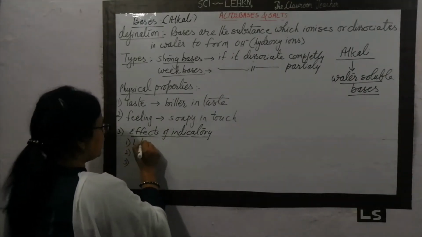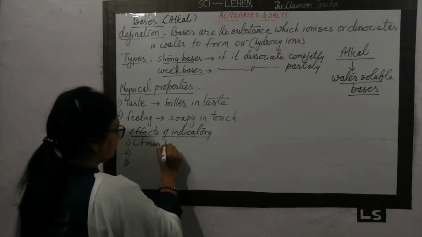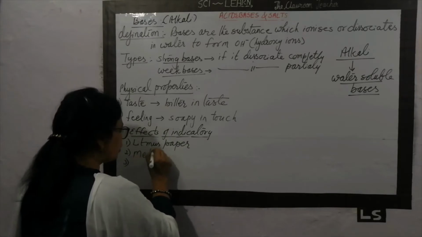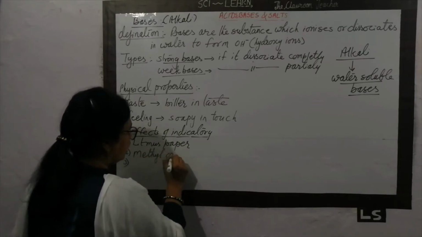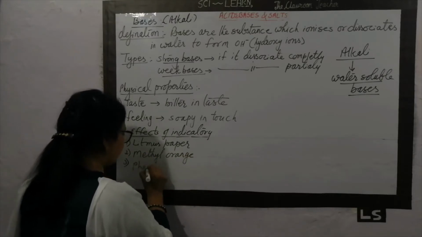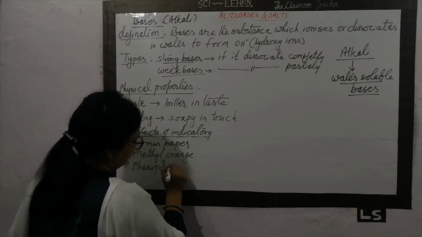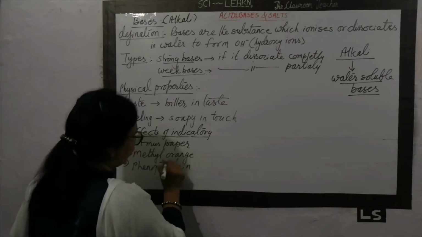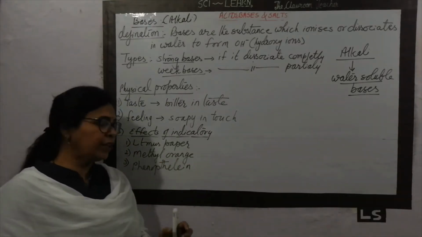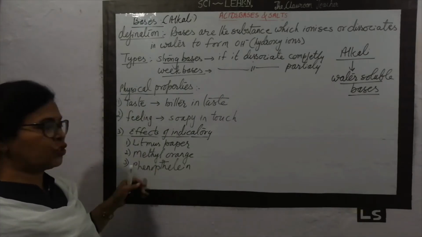First is litmus paper. Second is methyl orange. And third is phenolphthalein. These are the three chemical indicators generally used in the laboratory.